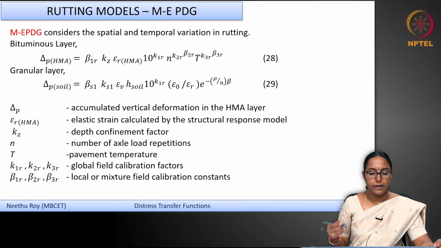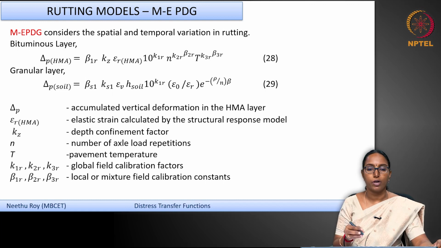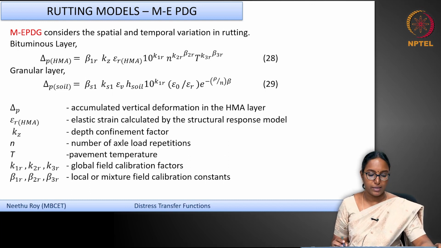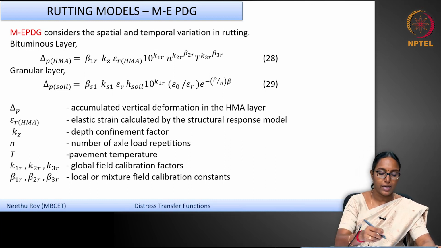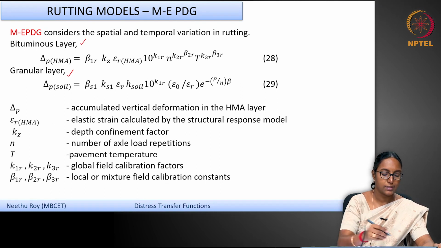Now, the current mechanistic empirical pavement design model. I will just quickly mention the model being used in MEPDG. MEPDG considers the spatial as well as the temporal variation in rutting, for bituminous layers as well as granular layers. You can see the models here.